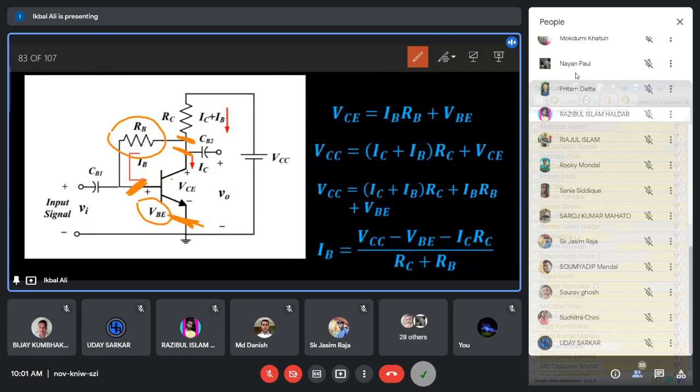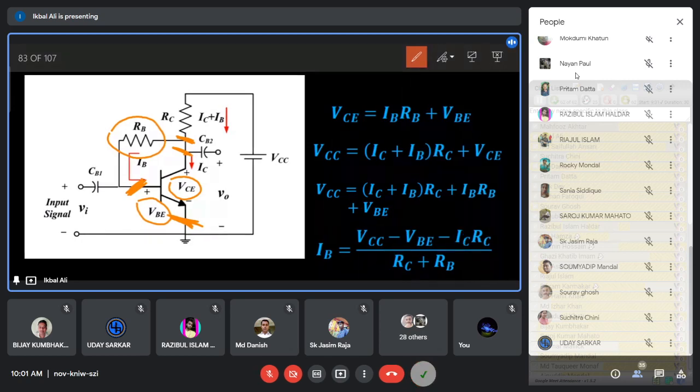So VCE, the potential drop between collector and emitter, is IB into RB plus VBE. This is the application of KVL around the transistor base path.